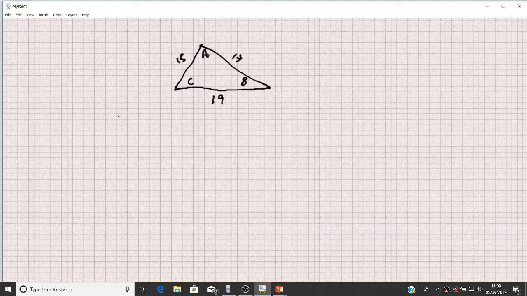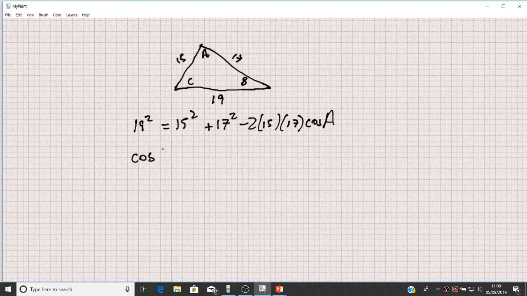Okay, so let's use the cosine rule here, because when we have no angles and just lengths, we need to use the cosine rule. So we know that the length 19 squared, this is to find A, 19 squared equals 15 squared plus 17 squared minus 2 times 15 times 17 cosine A. So I can rearrange this.